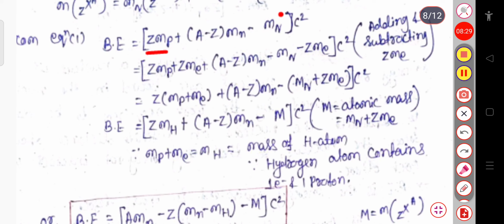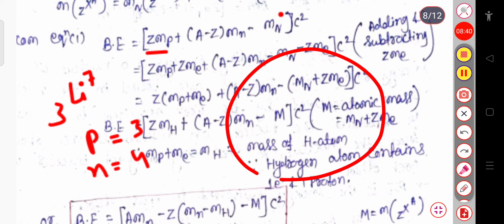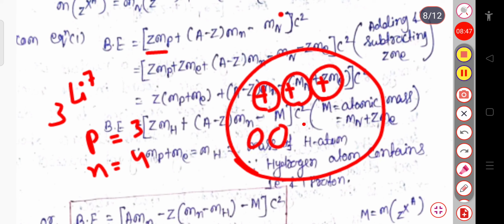Suppose we consider the lithium atom, 3Li7. In this case the proton number is 3 and the neutron number is 4. So in the nucleus there are 3 protons and 4 neutrons. For this case, let me first write the mass defect.